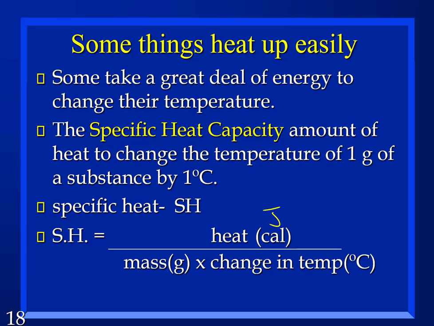So it could be joules here. So this sentence right here translates into this equation. Specific heat capacity is the amount of heat, so heat's on the top, of 1 gram, so you divide per gram, and by 1 degree Celsius, so you divide by degrees Celsius. So that sentence translates into that equation.